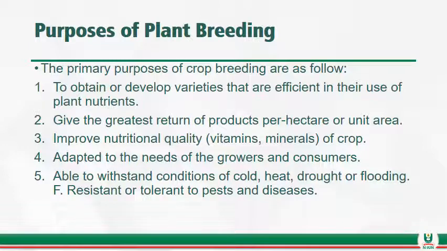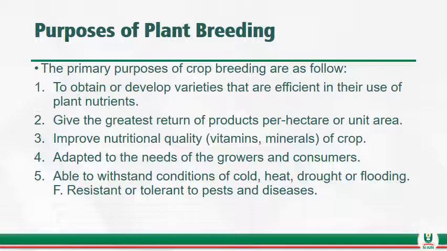Also, you get crops that will be able to withstand conditions of cold, heat, drought, or flooding. Yes, that is very important to note, because at the end of the day, when you do this breeding over some years, so over many years, you get varieties that are what they call stable.